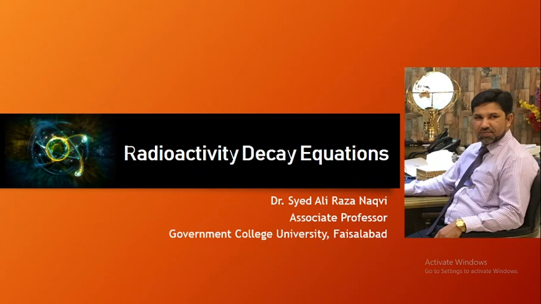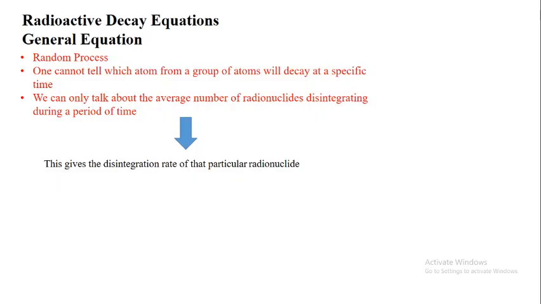So dear students, there are radioactive decay equations that give us information about the number of disintegrated radionuclides in a particular time, and how much concentration of radionuclide is converted into daughter nuclide, and how much remains intact in a certain period of time.